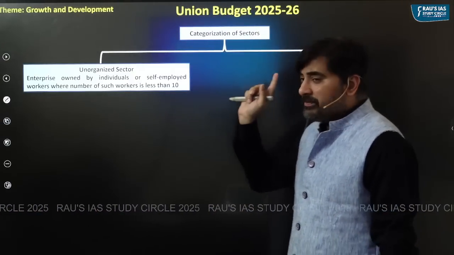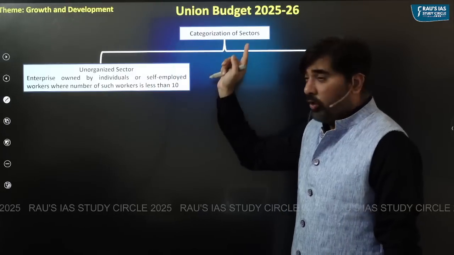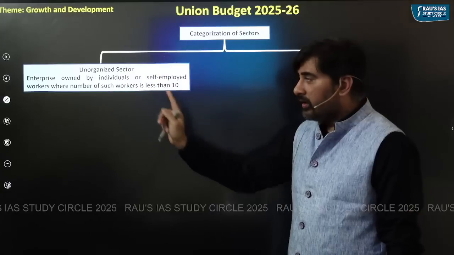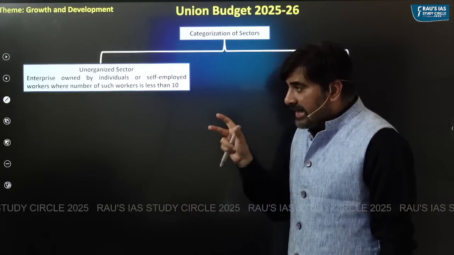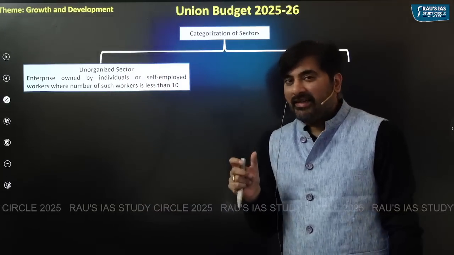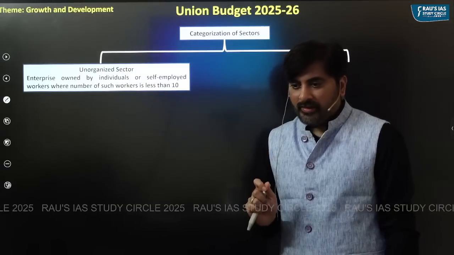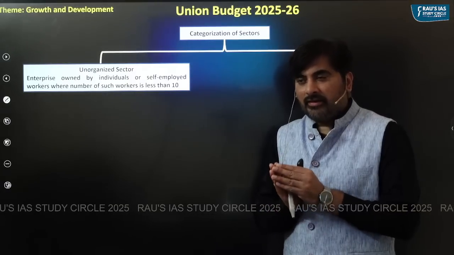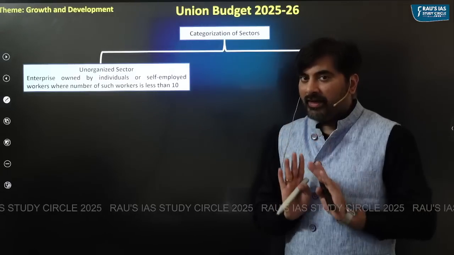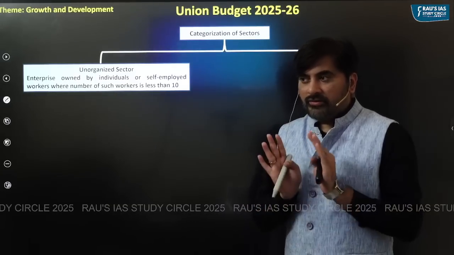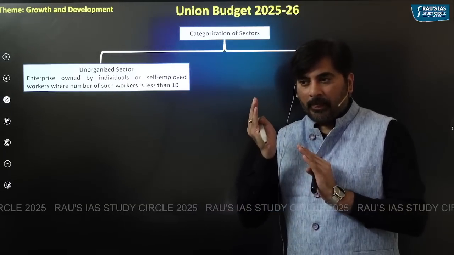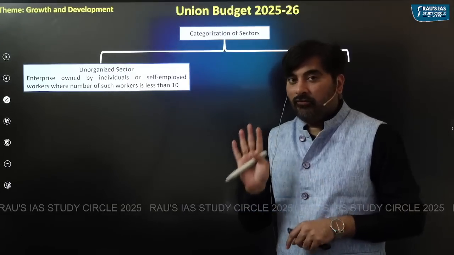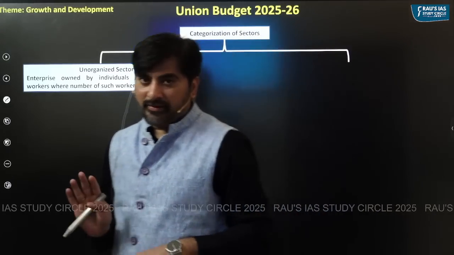The unorganized sector is an enterprise which is owned by individuals or self-employed workers where the number of workers is less than 10. What is important is that the number of workers in the unorganized enterprise is below 10. That is very important. So it is not based upon whether the enterprise is registered or not. The difference is based upon the number of workers in a particular enterprise.